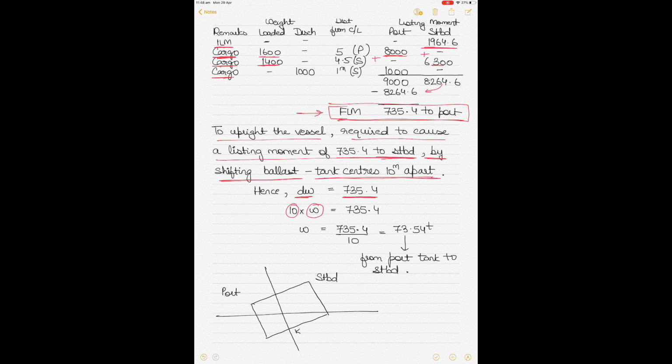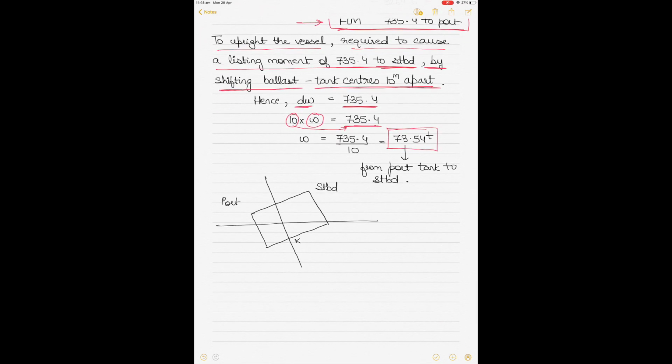Therefore, if the tanks are 10 meters apart and you need to shift the water from port to starboard to correct a moment of 735.4, you divide the listing moment required by the distance, and that will give you the weight of the water that is required to be shifted from port to starboard. In this case, the vessel was listed onto the port side.